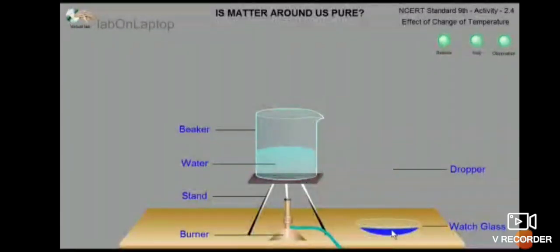Then we put this watch glass on top of the beaker, like this. The water will start boiling, and you have to observe the quantity of ink present on the watch glass. Okay students, now let us start the burner.